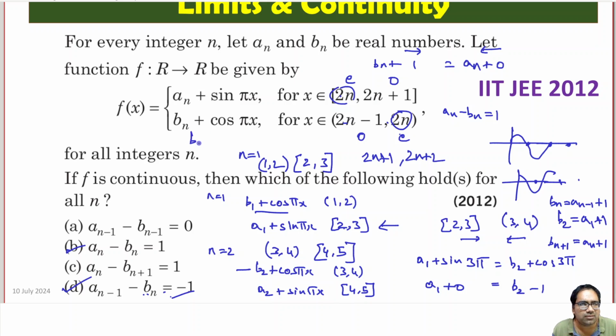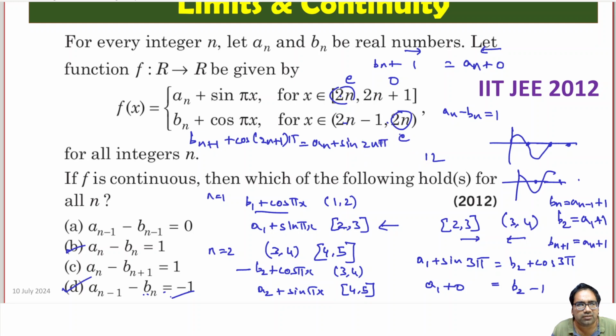So this becomes bn plus 1 plus cos 2n plus 1 pi, which should be equal to an plus sine 2n pi. Earlier we did with regular numbers. Now we are doing with this n notation only.